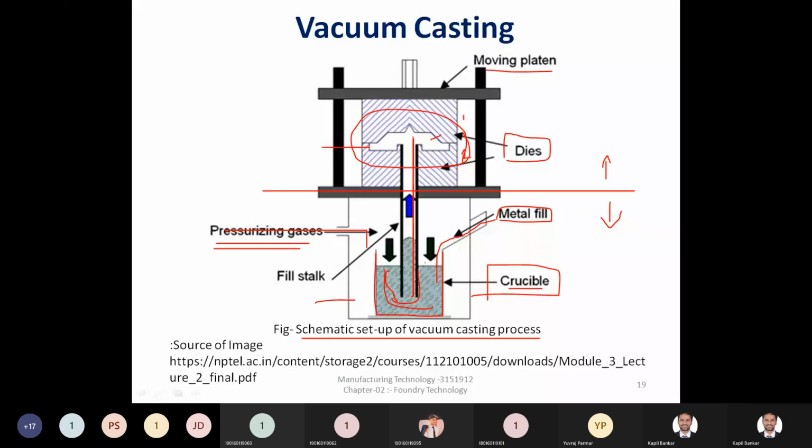This cavity will be totally filled up by the molten metal. And after solidification, you just open the movable plate of the die and remove your solidified product.